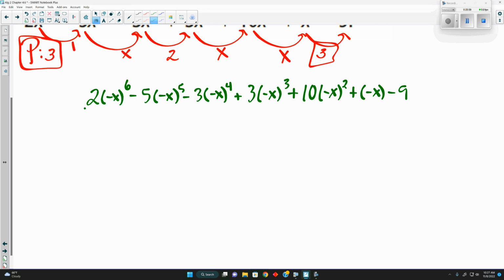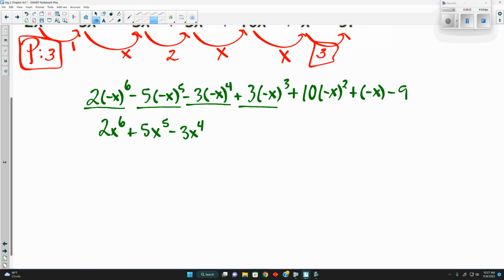So for our first one, it is to the 6th power, so it's just going to be 2x to the 6th. Our next one is the 5th power, so the sign will change. Since it was negative, it's now positive. Our next one is even, so the sign will stay the same.